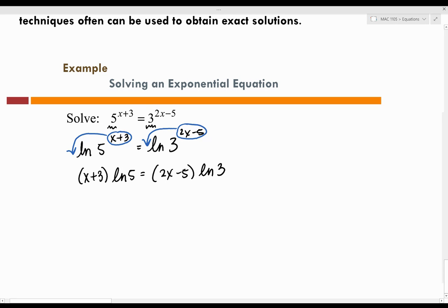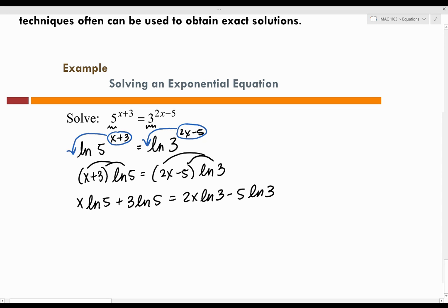Okay, now that I've rewritten it, my goal is to solve for x. So that means I need all of my x's on one side of the equation and everything else on the other. So I'm going to distribute this natural log of 5 to these two terms and natural log of 3 to these two terms. So that's going to give me this.